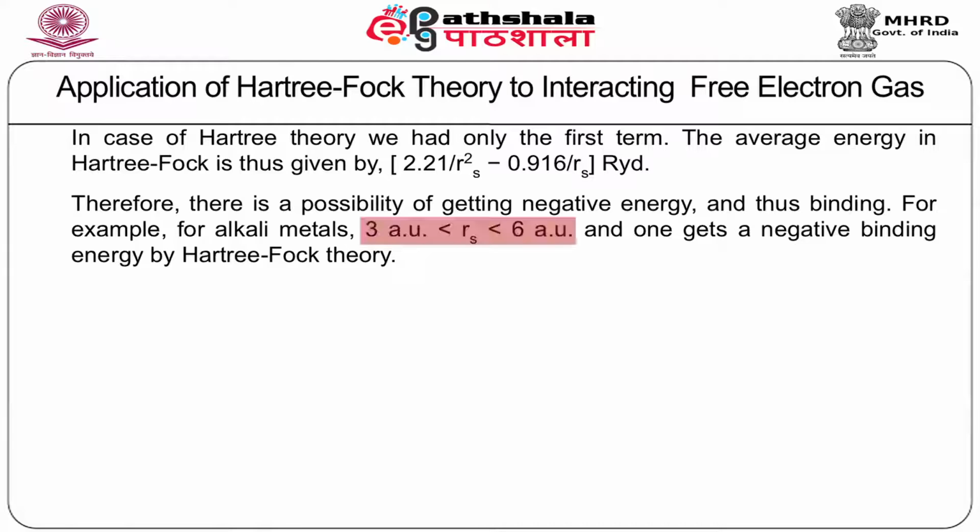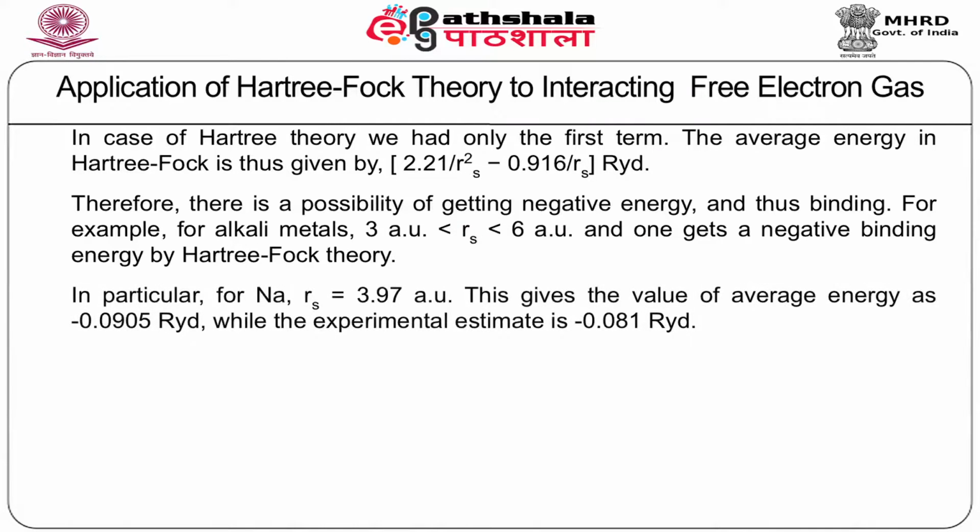For example, for alkali metal, the Rs lies between 3 atomic unit and 6 atomic unit, and one gets a negative binding energy by Hartree-Fock theory. In particular, for sodium metal, Rs is 3.97 atomic unit. This gives the value of average energy as minus 0.0905 Rydberg, while the experimental estimate is minus 0.081 Rydberg, not a bad agreement with the experimental estimate.